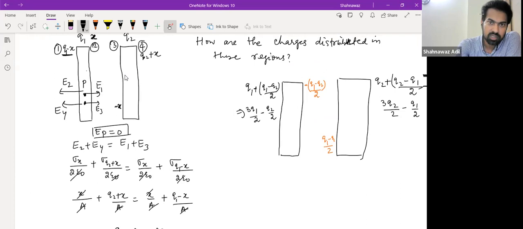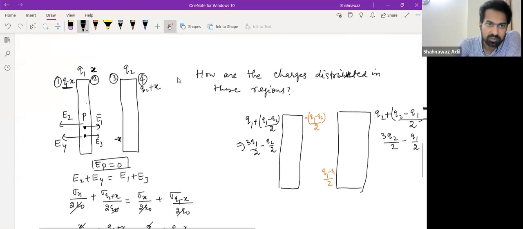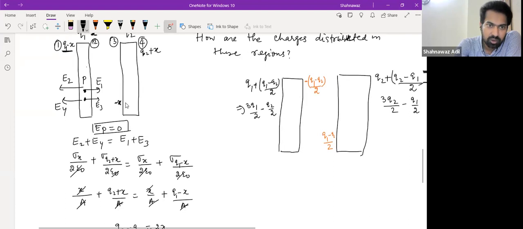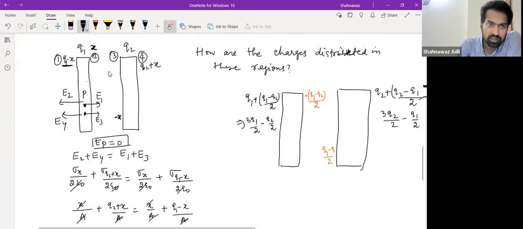So, one moment, guys. There is some mistake in my calculation. Let me check. So this is E1, and this is E3, and E4 is this one, and E2 is this one.